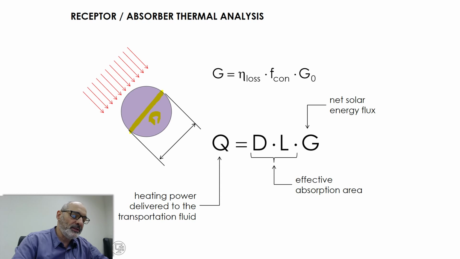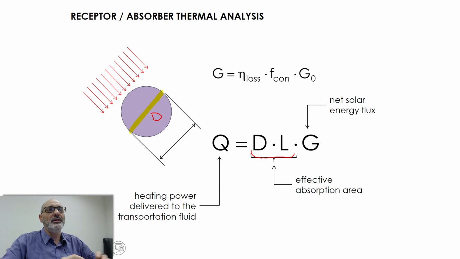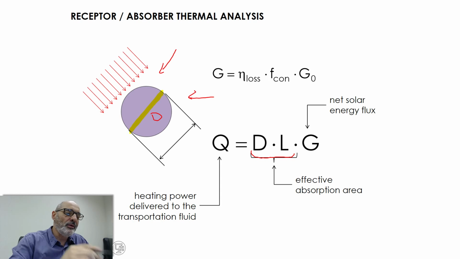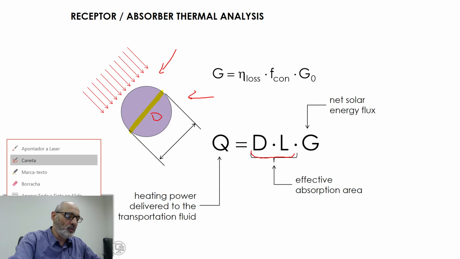This dimension here is D, and the total length of the absorber is L. So this term here is the total absorption area. And since the tube is circular, the sun may be coming from other directions, you always have D times L as the absorption area. We're going to use this formula in a while.